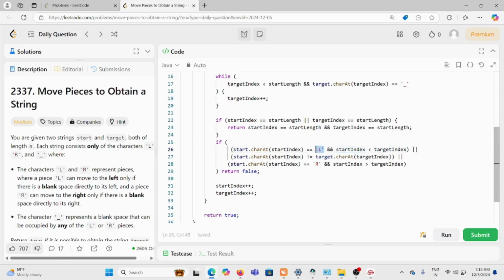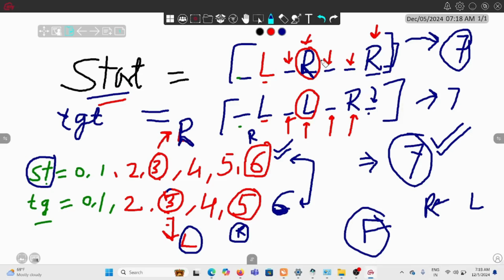Similarly, if the characters are not the same, like at this position 3 where it was R and this was L, they were not the same, so we have to return false immediately.